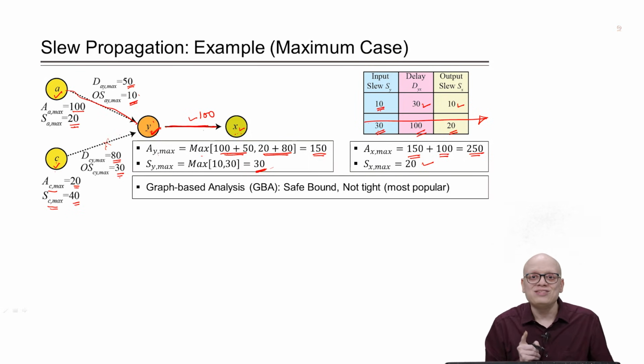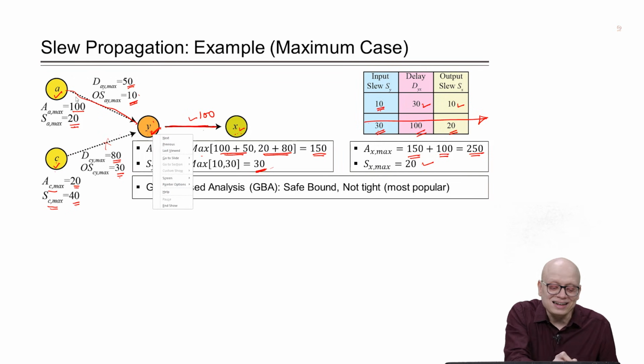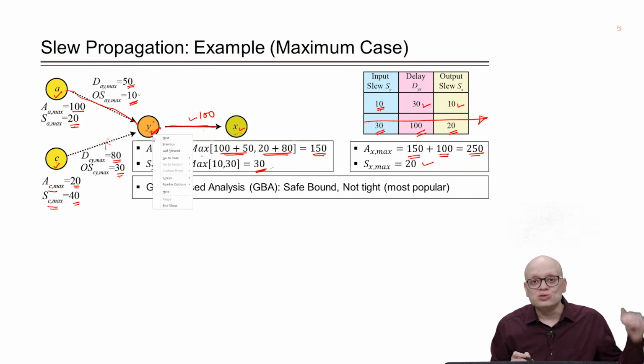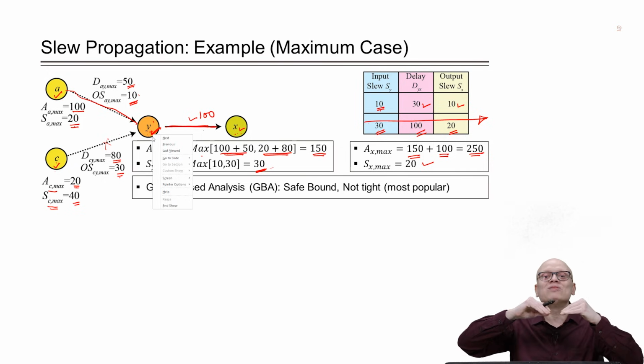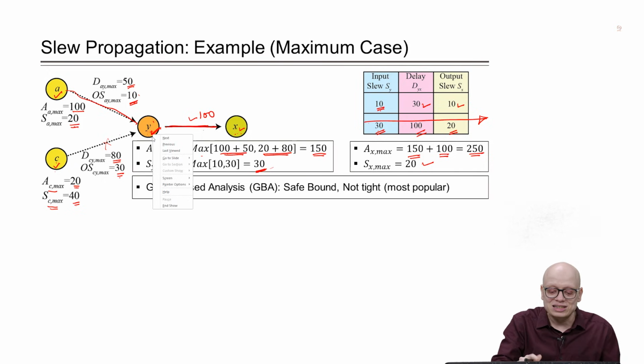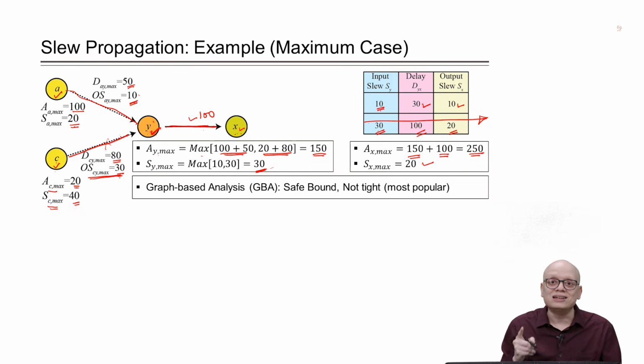But the slew that we took at the vertex y was coming from the edge C to y rather than A to y, right. So, the arrival time is from one edge while the maximum slew is propagating from the other edge. That is what is done in this calculation. The output slew was taken as 30 from the edge C to y, not the other.